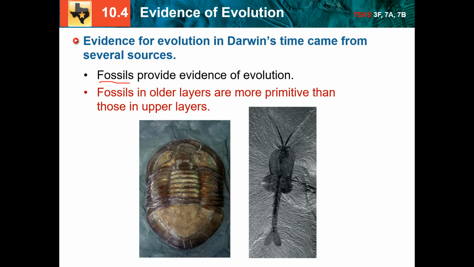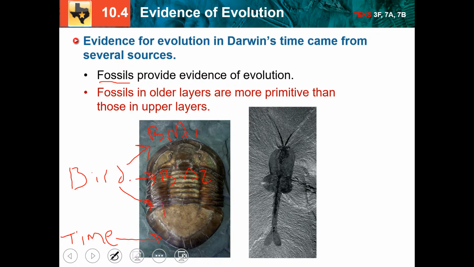So, as evolution goes, say we have a bird, and down here we'll call this time. We'll say this bird over time turns into bird 1, bird 2, B3.